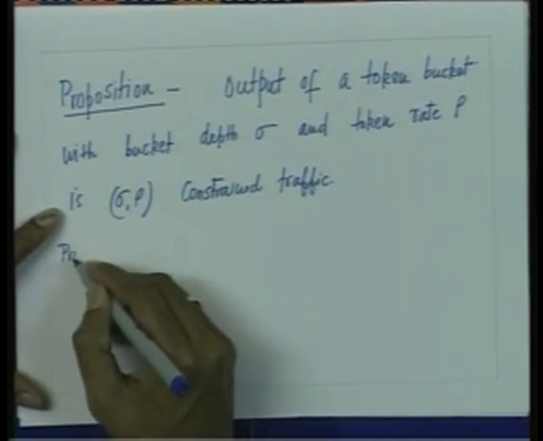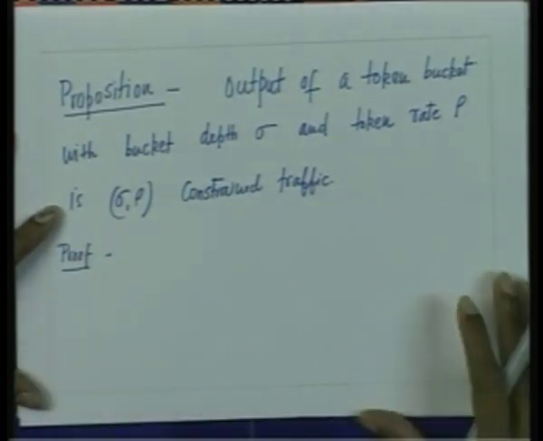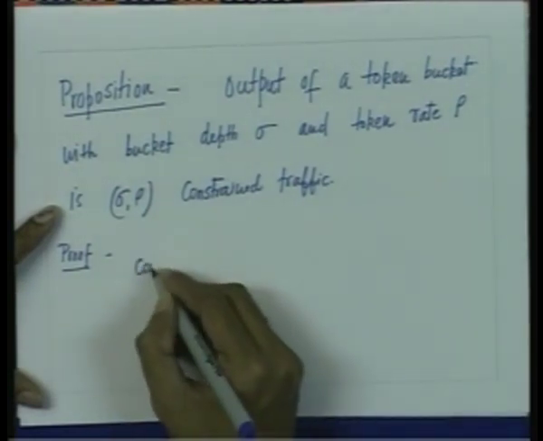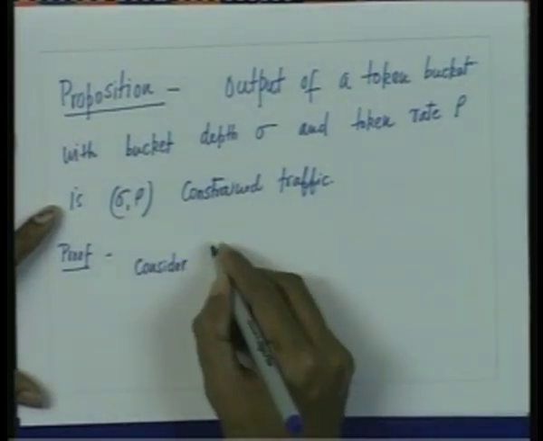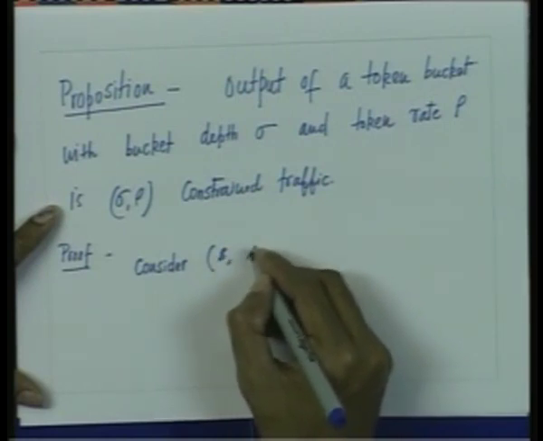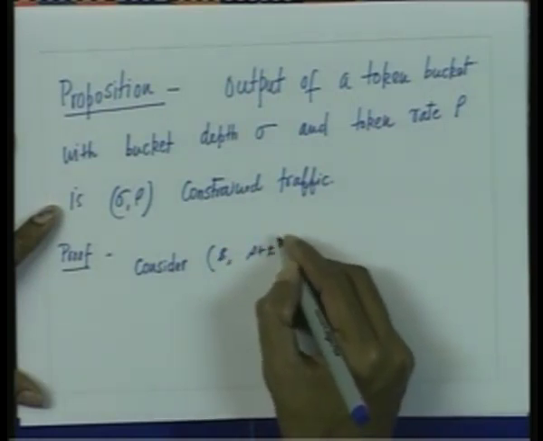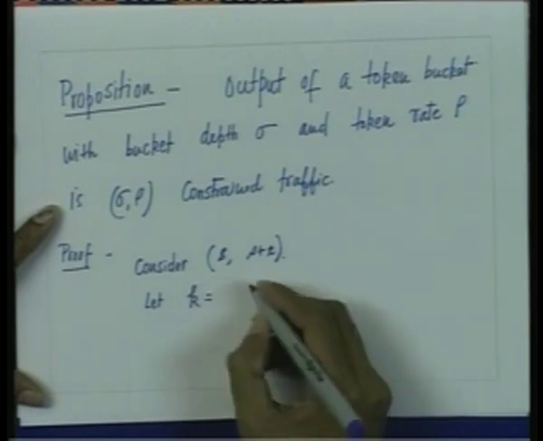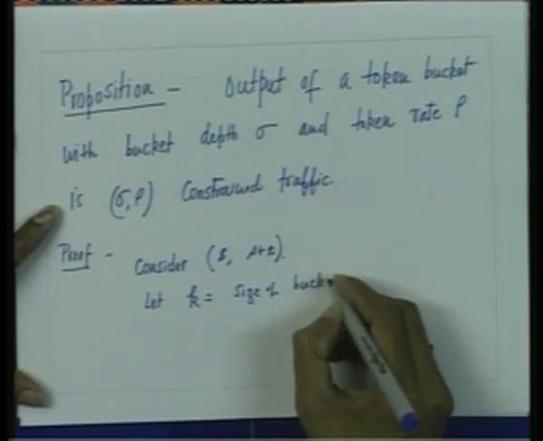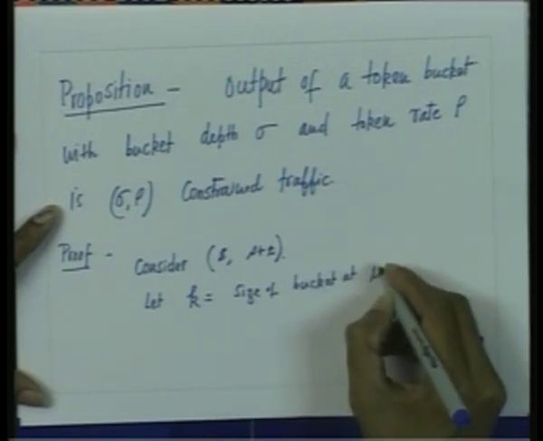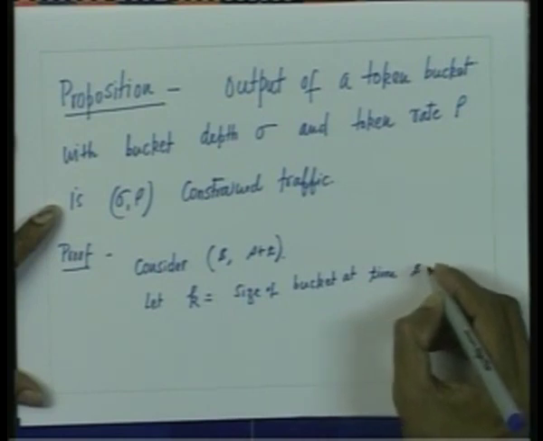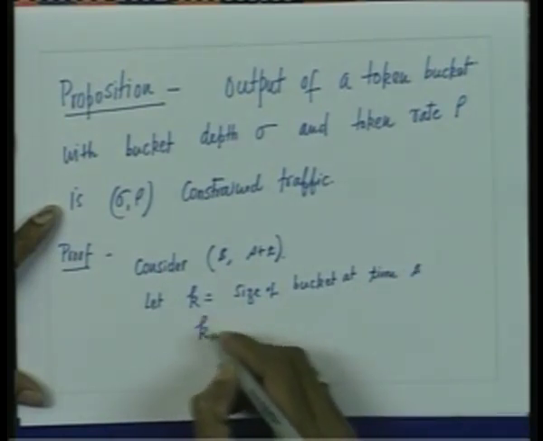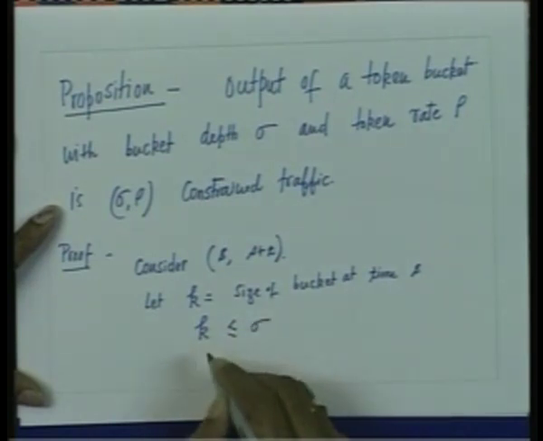So the proof is very simple. Consider an interval S to S plus t. Let K be the size of the bucket at time S. Now obviously K is less than or equal to sigma, because sigma is the maximum bucket depth.